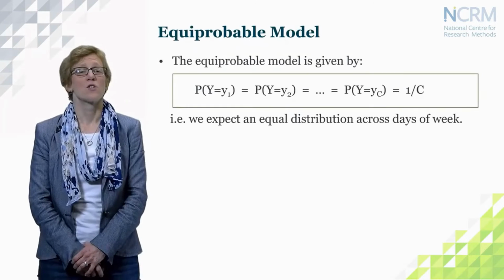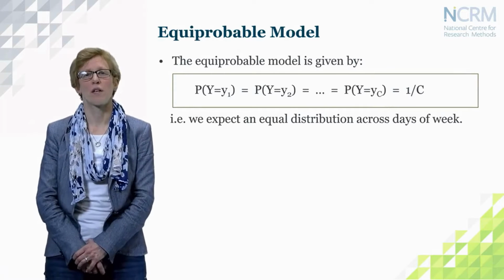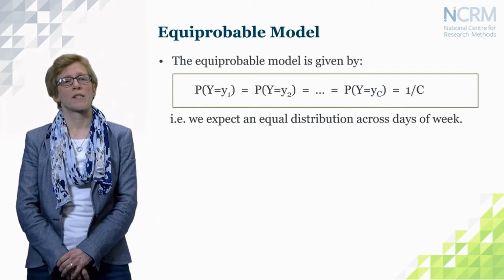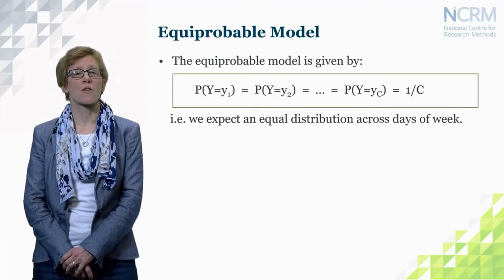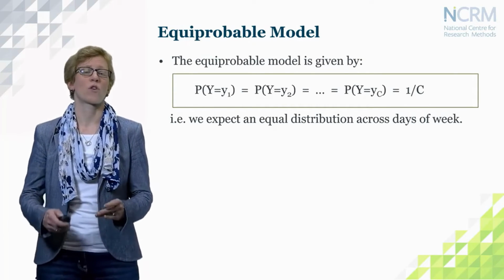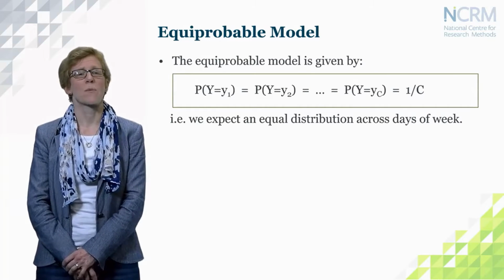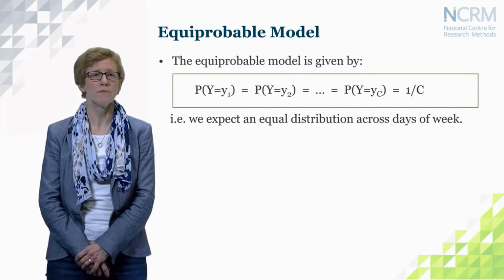So the equiprobable model is given by this formula here. The probability of a particular event across these categories, the days of the week, is equally distributed. So it's 1 over C, 1 over the capital C. So we expect an equal distribution across days of the week.